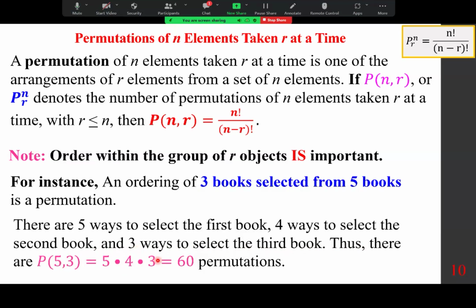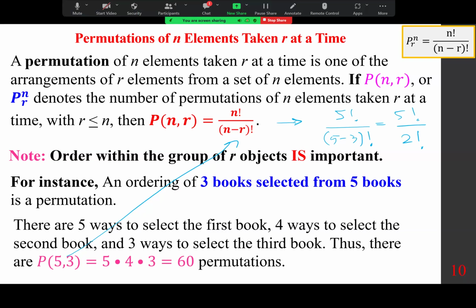Or you can say P(5,3), put it into this formula, becomes 5 factorial divided by (5 minus 3), which is 2 factorial. If you do the math, you end up with 60.